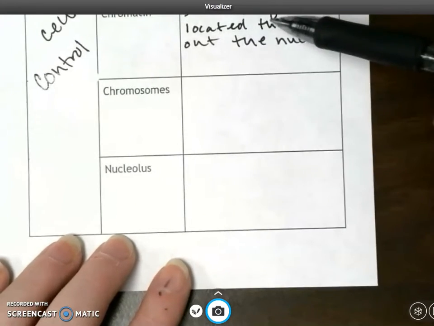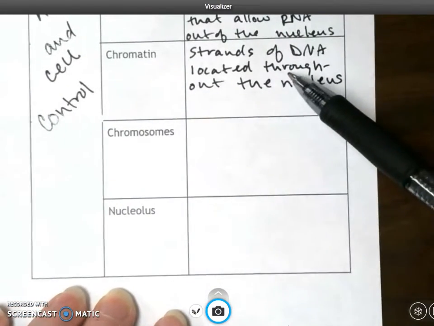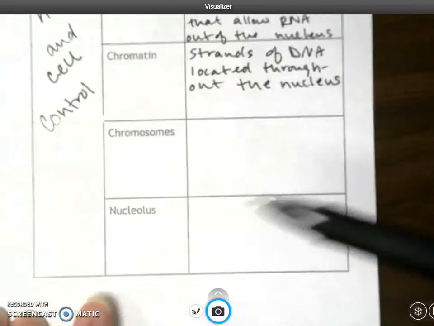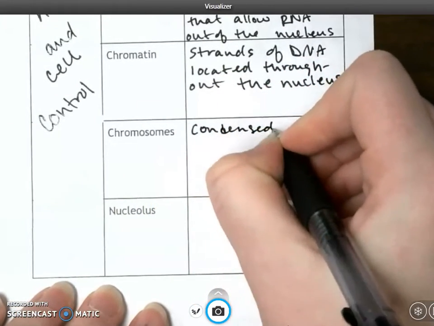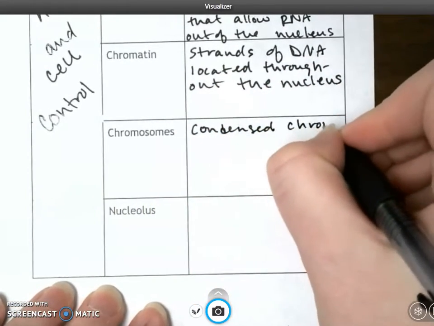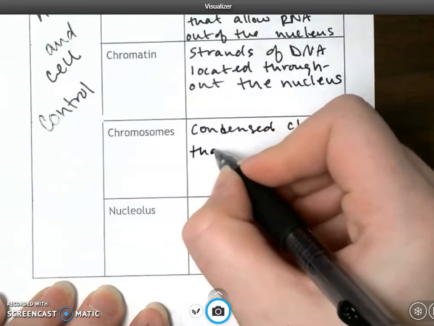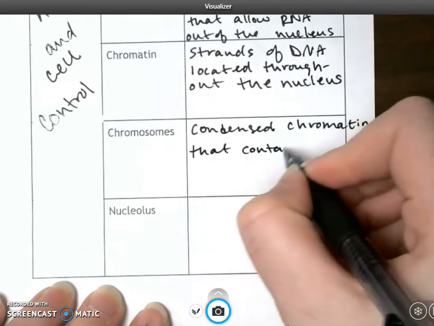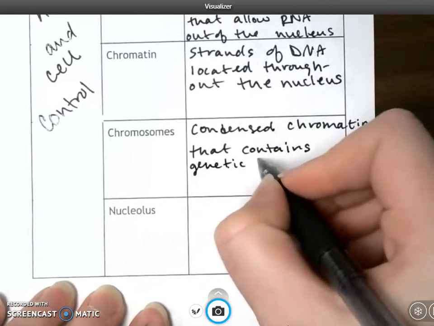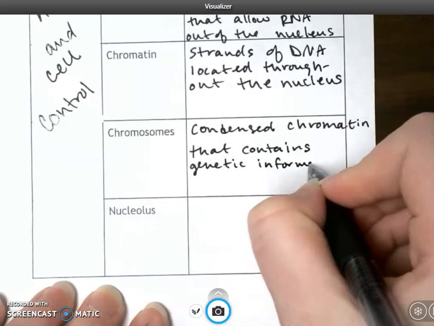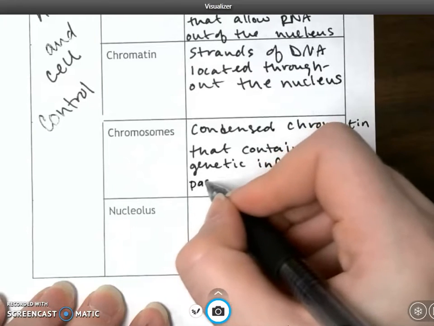So the chromatin that we just defined coils up and forms chromosomes. So it is condensed chromatin that contains genetic information passed on to offspring.